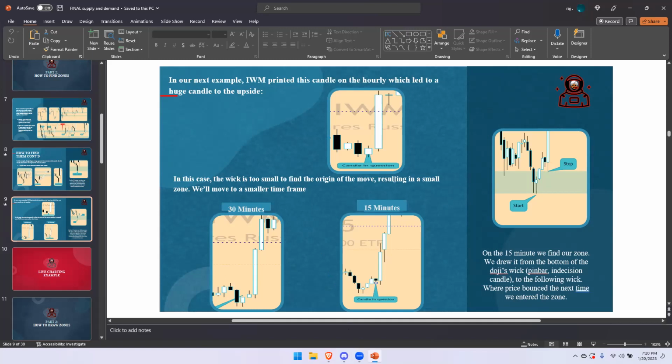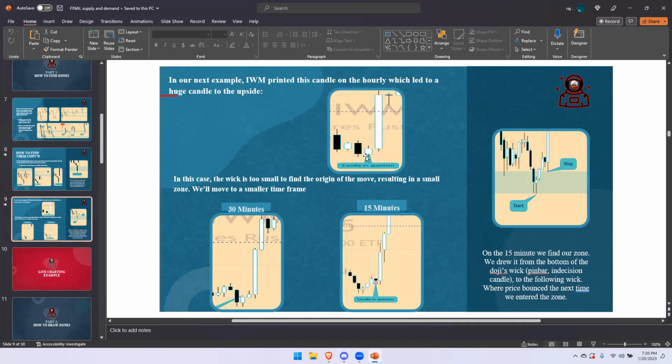here's something I found on IWM. The next rejection candle, I'm not taking the next rejection candle, I'm taking the next time it's found. See here on the hourly candle on IWM, this was the hourly candle that started this huge uptrend.